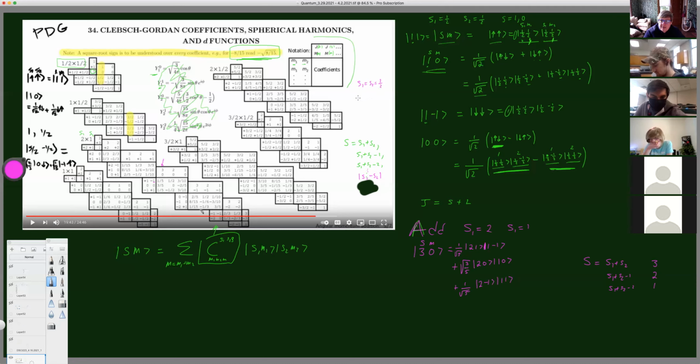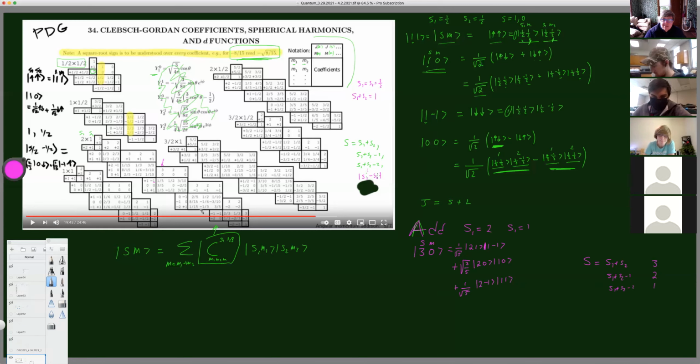We had S1 plus S2 is 1, and then it goes down to the absolute value of S1 minus S2, and S1 minus S2 is 0.